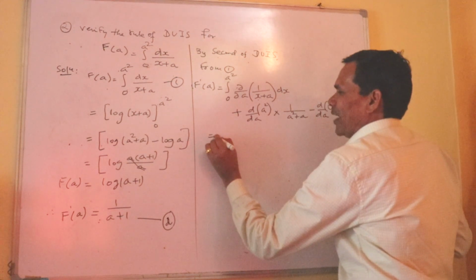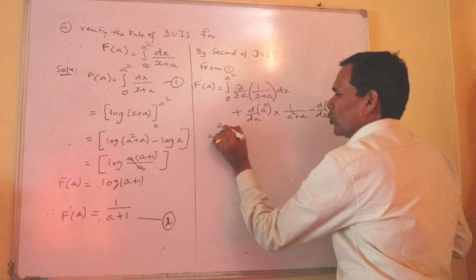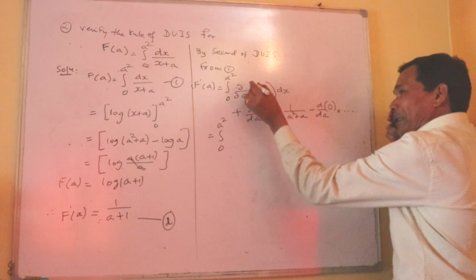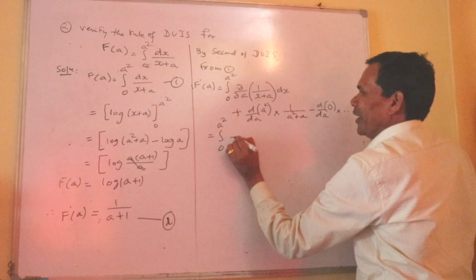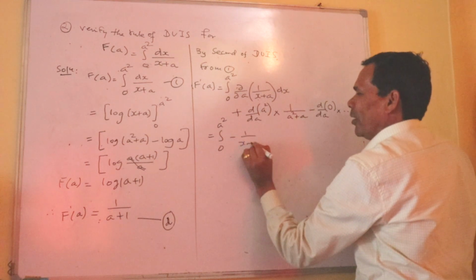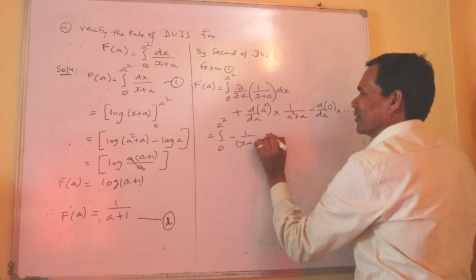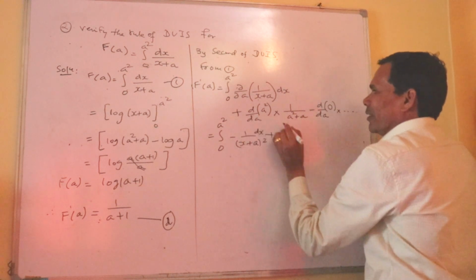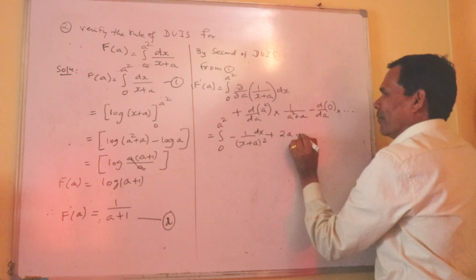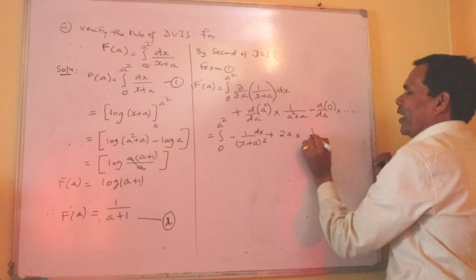Now we take the partial derivative from 0 to a square. What is the partial derivative of this with respect to a? Minus 1 upon x plus a whole squared, into dx, plus here 2 times a multiplied by 1 upon a square plus a.